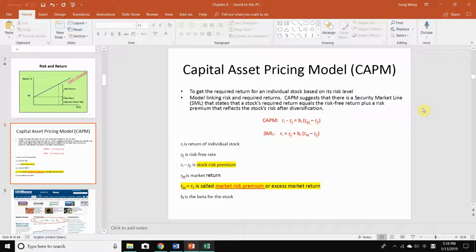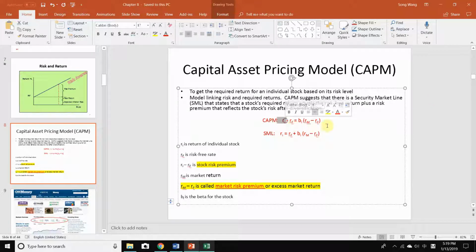So in this model's framework, we assume that the risk level of an individual stock varies with the risk level of the market, and also the risk premium of this stock is at multiples of the risk premium of the market. So in this model, CAPM, you will see Ri as the return of an individual stock.